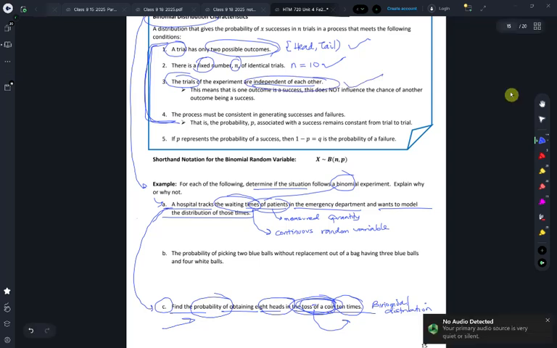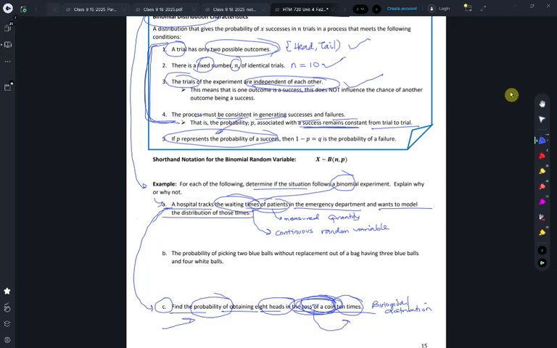Then what else do we need? The process must be consistent in generating successes and failures. In other words, the probability of success must remain constant from trial to trial. If you toss the coin the first time, the probability of getting a head is 50-50. If you toss it the second time, the probability of a head is still 50-50.